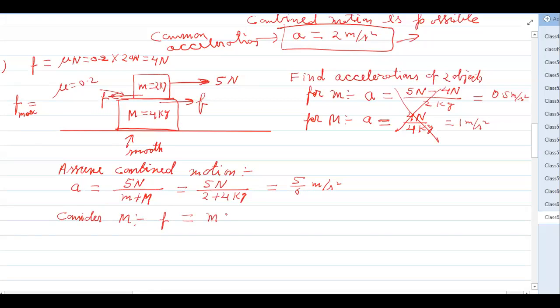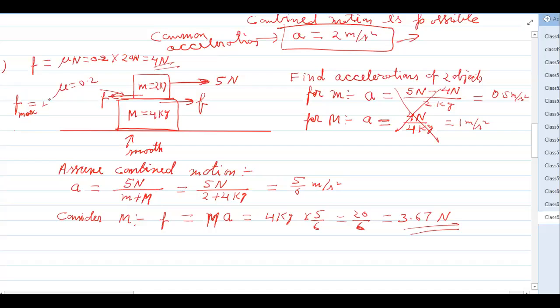Mass into acceleration. Mass capital M is 4 kg and acceleration is 5 by 6. So 20 by 6, that is 3.67 Newton.